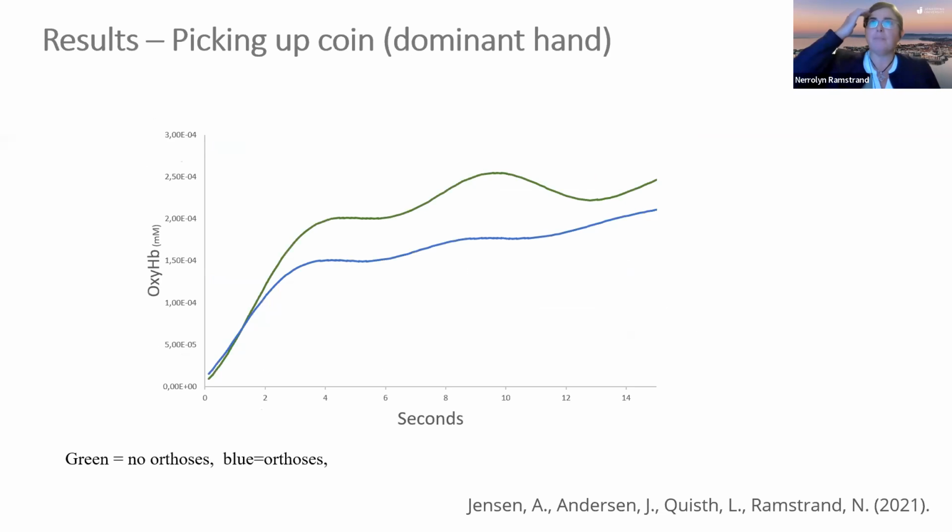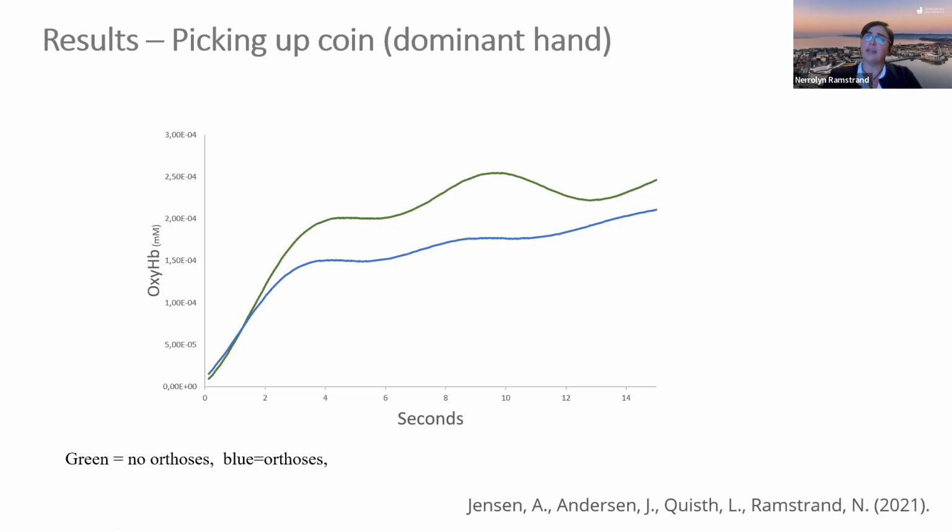At the same time, we were measuring cortical brain activity. So I'm presenting the data in a slightly different way here. What you see on the y-axis is concentration of oxygenated hemoglobin, averaged for the group, and time in seconds at the bottom as they're performing the task.